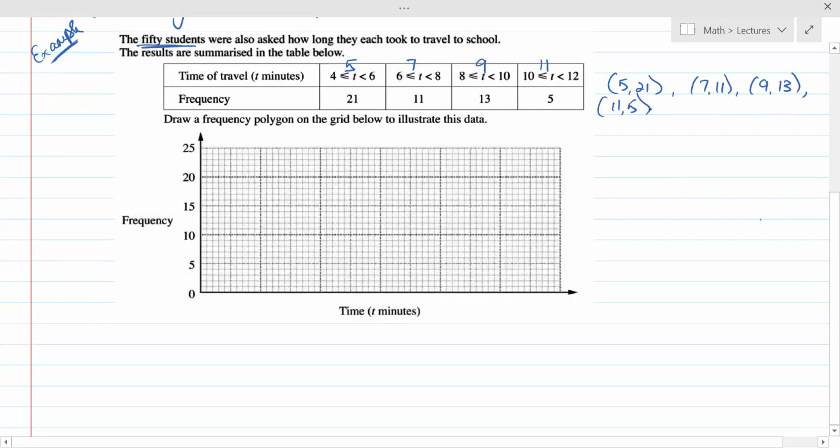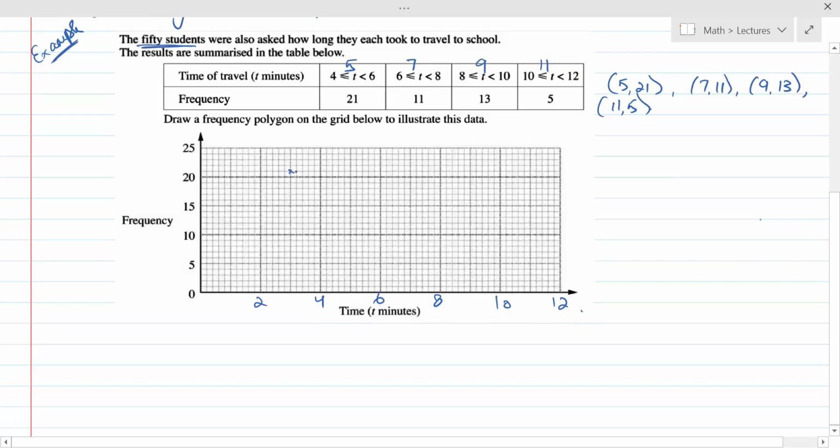All right. So before plotting the points, we have to scale the x-axis here. It goes from 4 till 12. So 4 till 12 means if we make the scale as 2, 4, 6, 8, and 12, that would cover the whole graph. So the first point, 5 and 21.